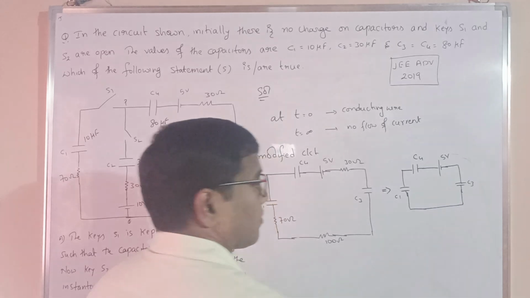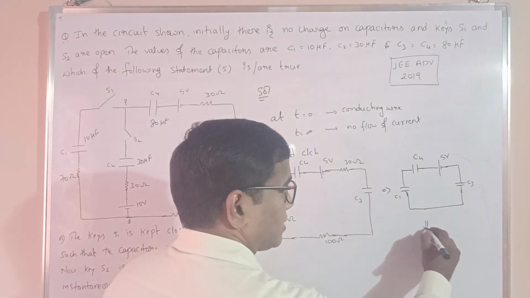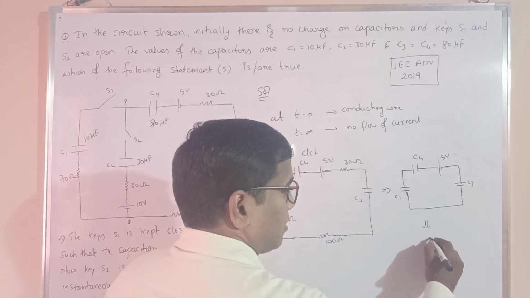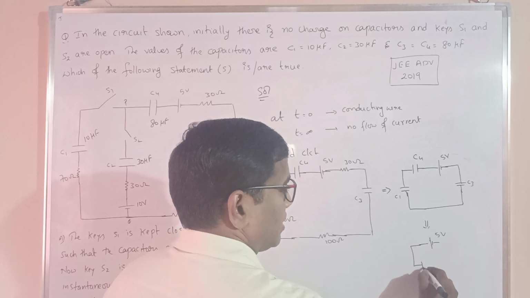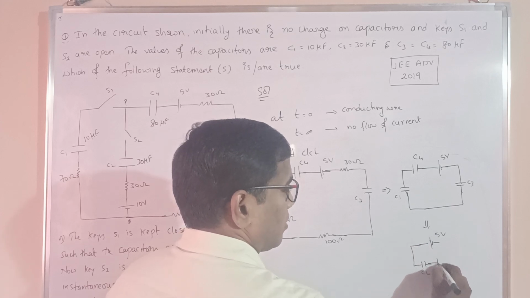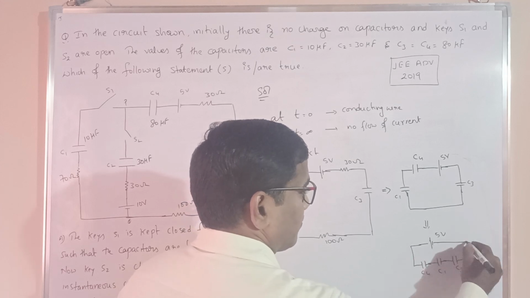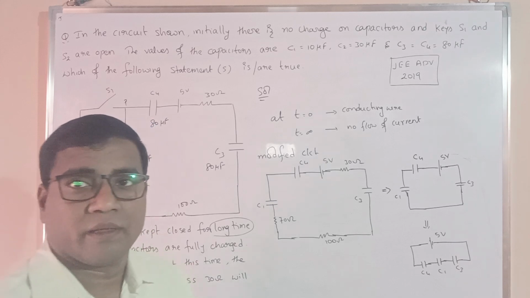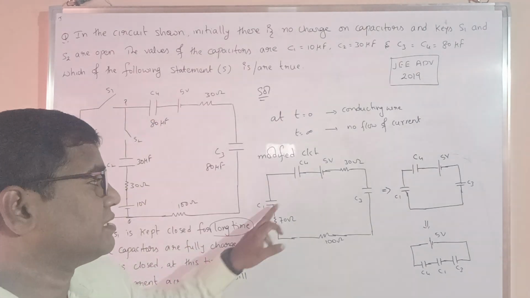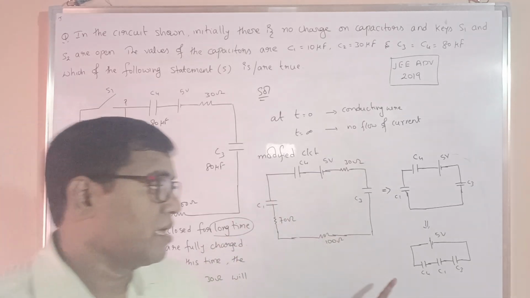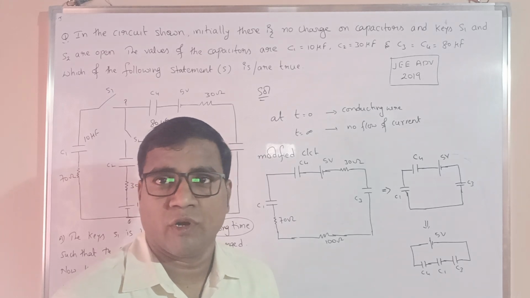If we modify this circuit again, we have the 5 volt potential, C4, C1 and C3, which means when S1 is closed, C1, C4, C3 are connected in series with the 5 volt. Now we know how to solve.